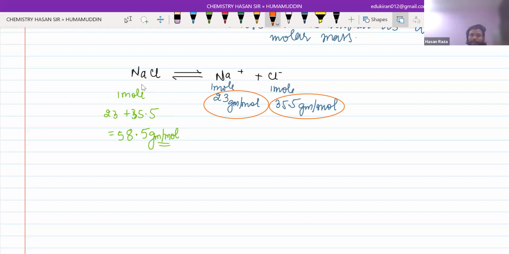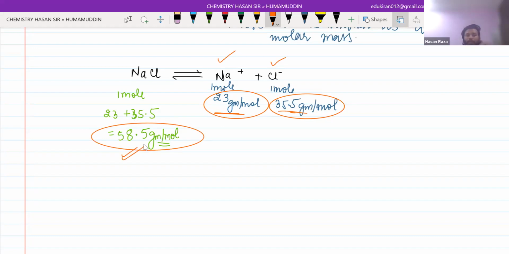But you dipped 1 mole of NaCl, which was 58.5 gram per mole. You will get either Na+ or Cl-, and both are different from this. So this is known as abnormal molar mass.